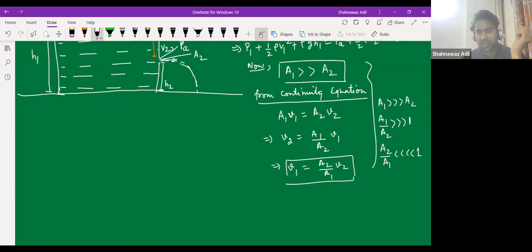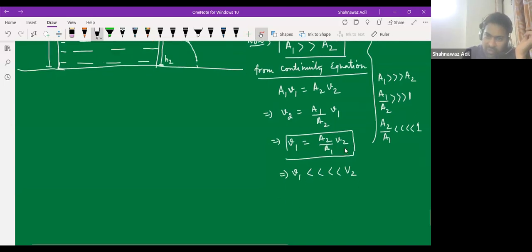Is this correct? Yes, sir. So I can write V1 as very, very much smaller than V2, right? So in comparison to V2, I can write V1 as 0, right?